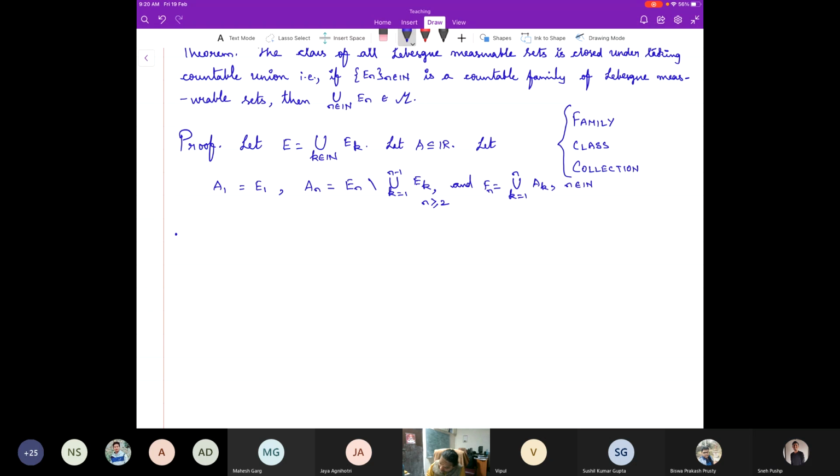So the first thing that you'll have to observe is that the An's are Lebesgue measurable, for all n in N. And the second thing is that the An's are pairwise disjoint.